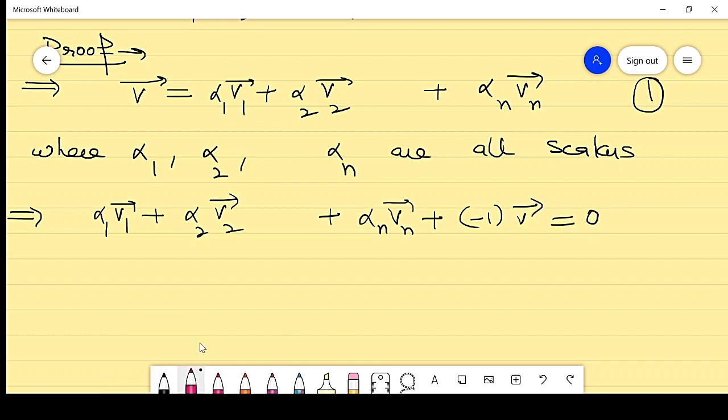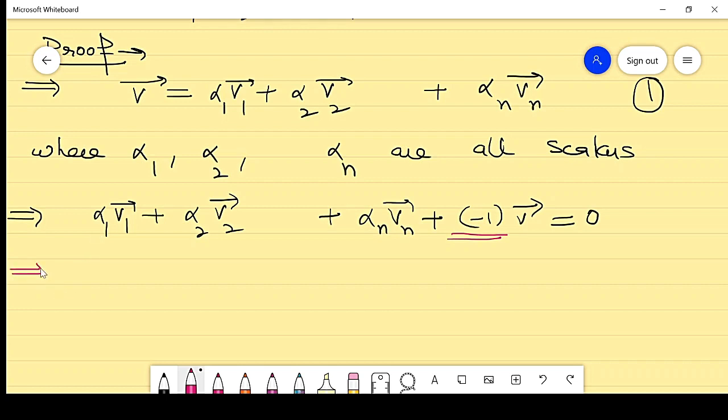Now these vectors are linear dependent. Why? Because by definition of linear dependent, at least one scalar should be non-zero. Now in this case, this scalar is minus 1 and minus 1 is non-zero.